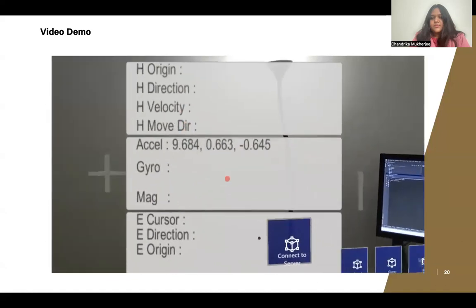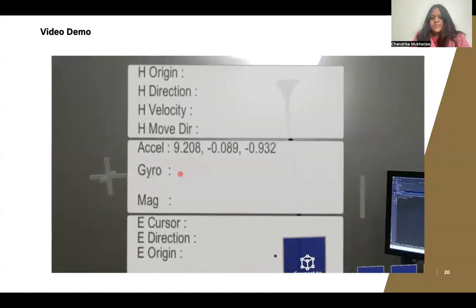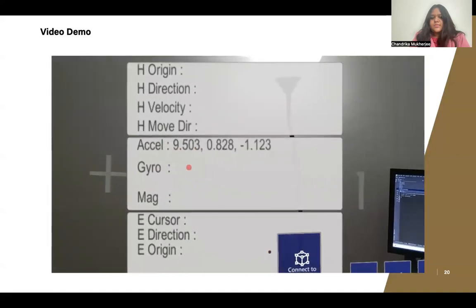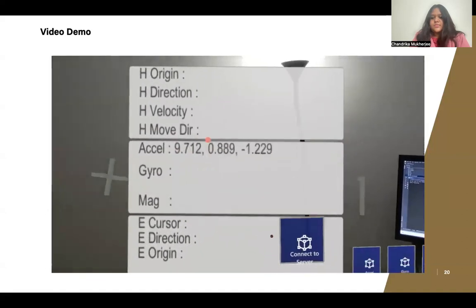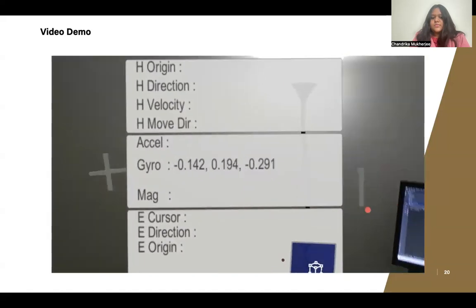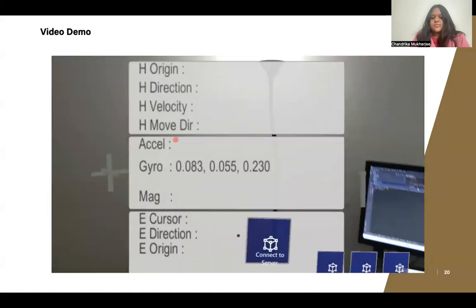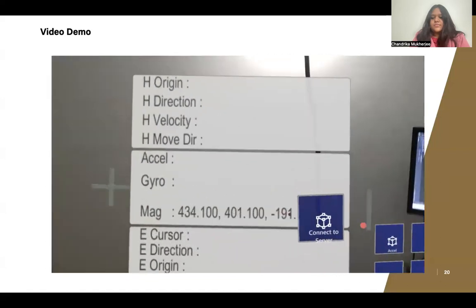Right now, if the HoloLens 2 was streaming the data, it would only be transmitting the accelerometer data. I have also configured my voice commands, so if I say "log gyroscope," it will only show the data from the gyroscope, and during transmission it will only transmit the gyroscope data, and the same goes for the magnetometer.